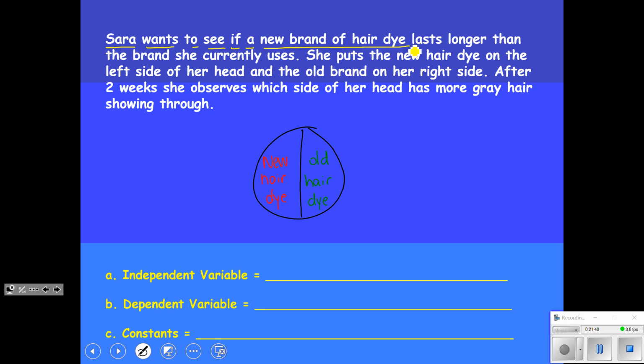So as an experimenter, Sarah is testing the new brand of hair dye. So this side is going to be your independent variable. This side is actually going to be your experimental setup, and it contains your independent variable, which is the new hair dye.